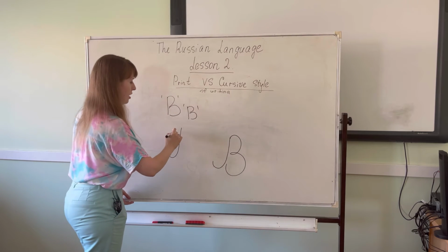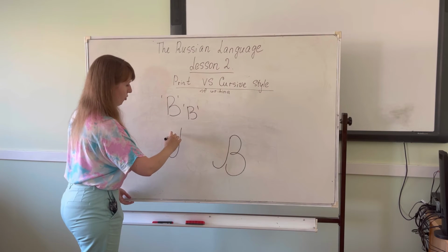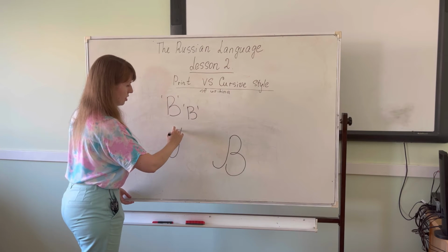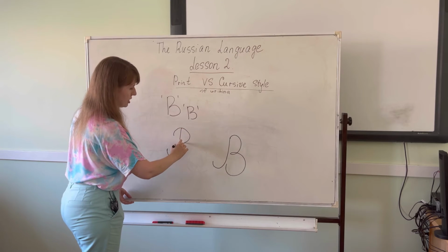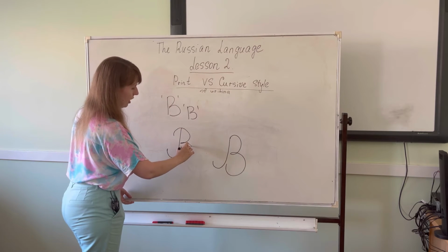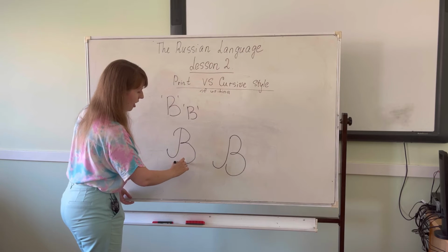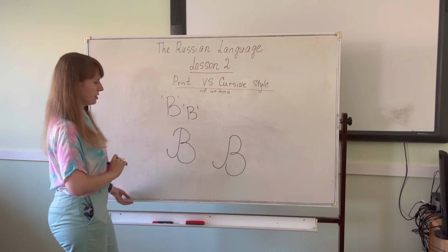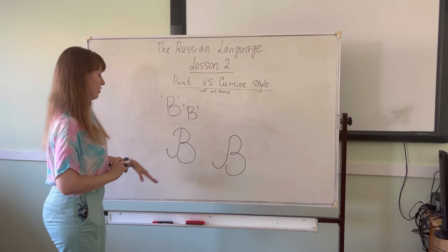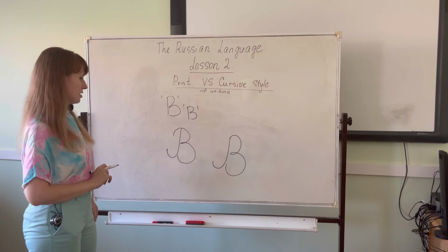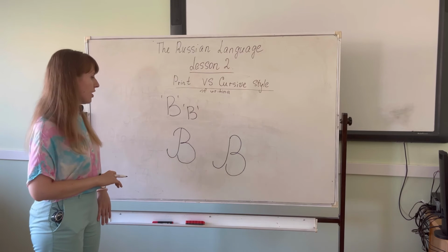Okay, so again, the crucial element is the first stroke. Then you can make it more beautiful, starting with a horizontal cross stroke, going down, making an oval and making a little bit more oval part for the bottom, the second belly of this letter.